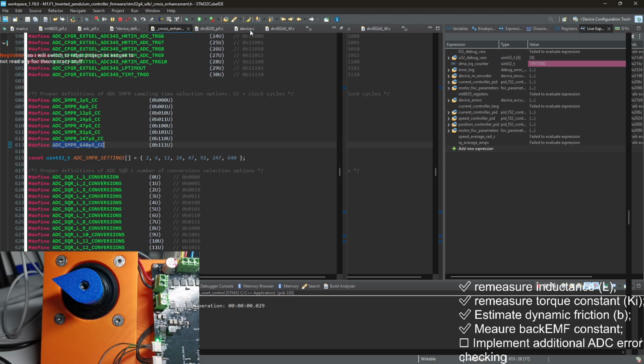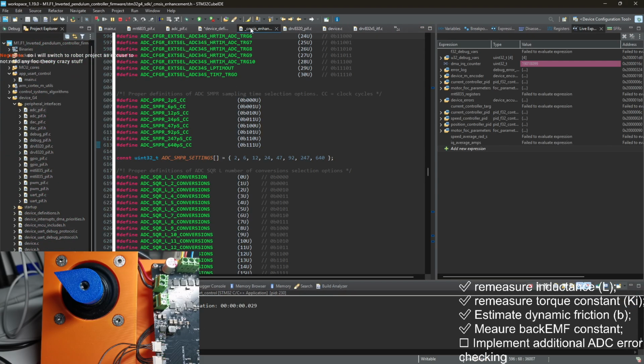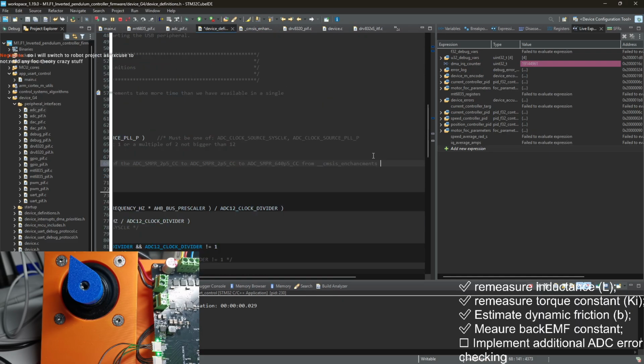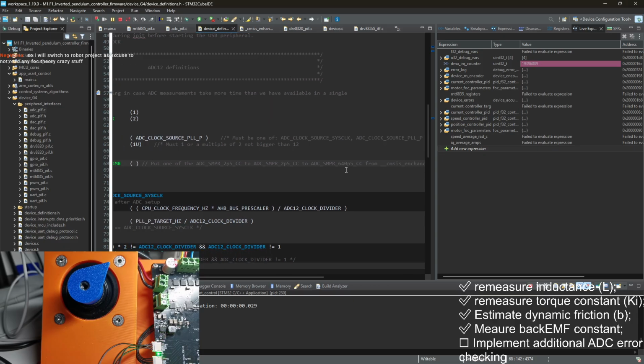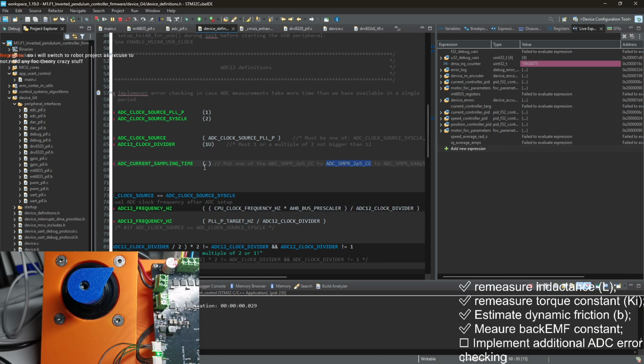I'm not sure if I typed it correctly. Okay, and let's say we put this value here, 12.